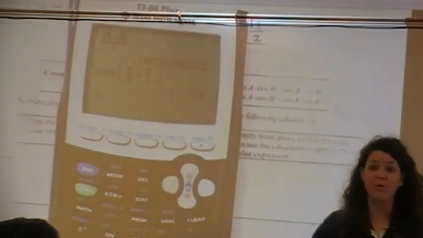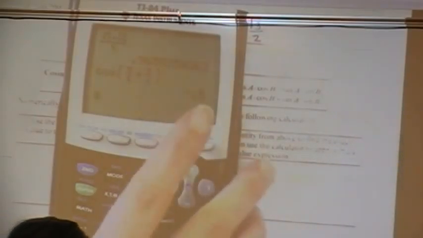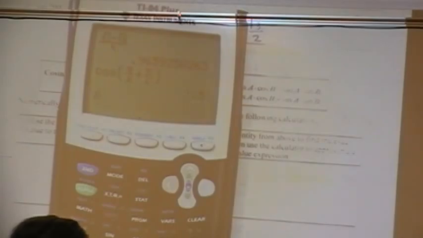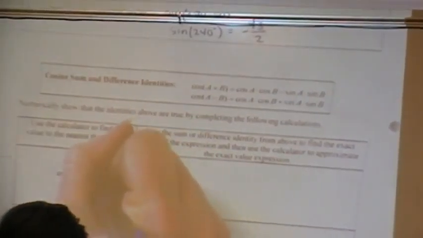I got negative 0.5. I don't even have to write wavy lines because it's just negative 0.5. I'm not approximating. That's an actual result.